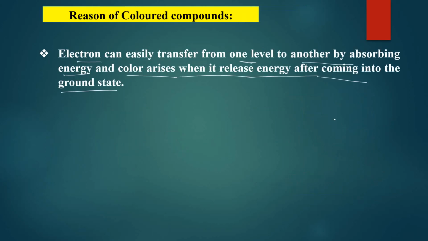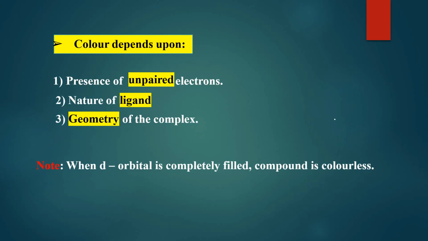Right. Next, let us think about the reason for color, because there are different colors depending on the presence of unpaired electrons, the nature of the ligand, and the geometry of the complex. I'll give a simple example. We will have a detailed discussion when we study coordination compounds. Ligand means the thing which approaches another element.